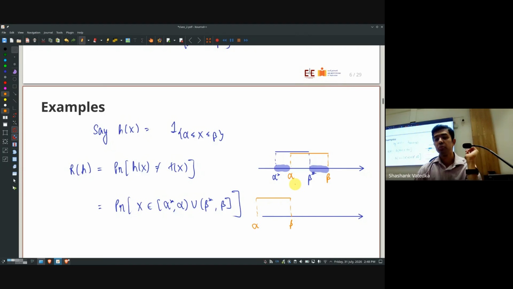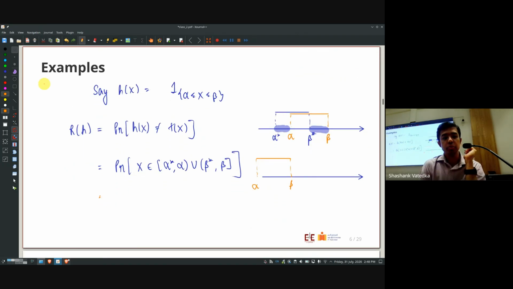Right? So it's only in regions where... another way to put it is this is equal to the probability... let's say this is 1 minus the probability.